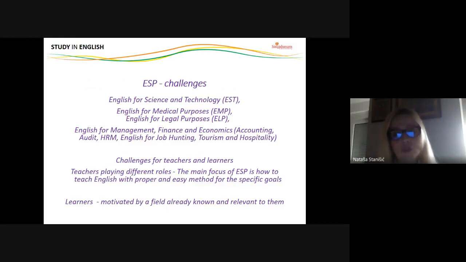Then also they should follow the position and role of language learners, and also development of technologies. They need to be updated all the time with technologies, as well as labor market changes.